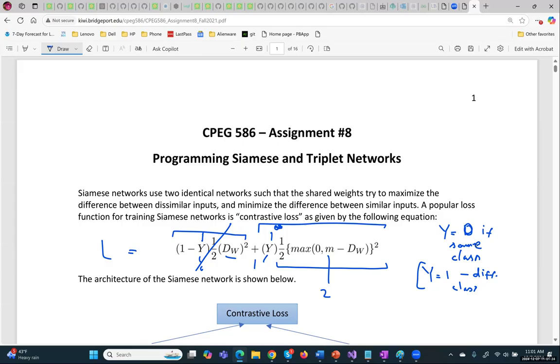As you can see, the way this will reduce is, let's pretend the distance varies from 0 to 2. You can see if it is smaller, then this term will increase. But remember, the goal is to reduce loss, not to increase loss.